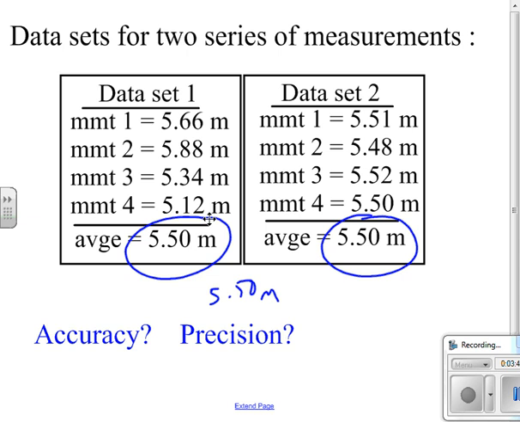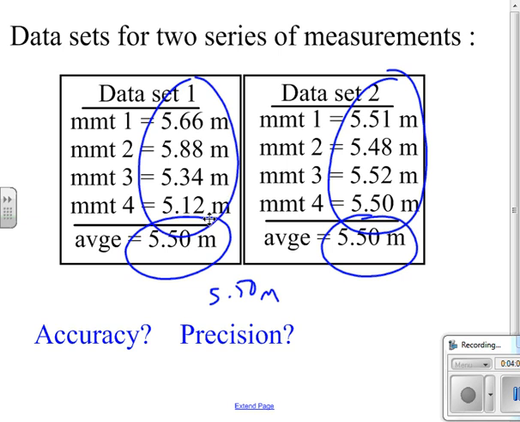But if we were to say which one is more precise, now we don't want to look at just the average, we want to look at all the measurements. And I would have to say that data set 2 is more precise because if we look at all the numbers, they are much more similar to each other. And here the numbers are more spread out from each other, so data set 2 is more precise.